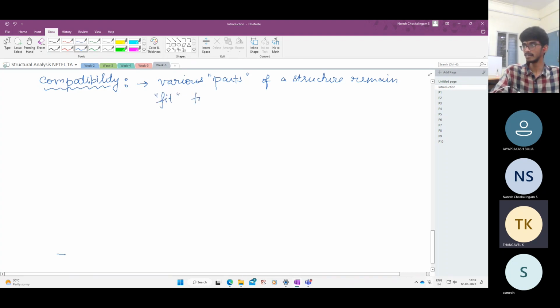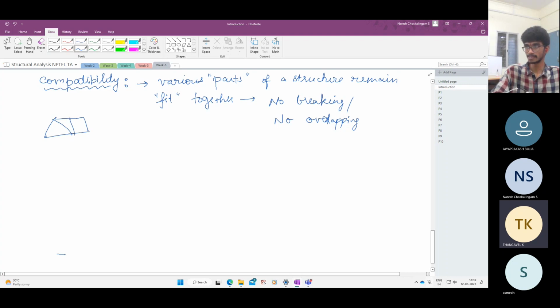This may seem very vague, but it basically means there is no breaking or no overlapping. That is, if you have some structure like this, some structure like this, can be anything.